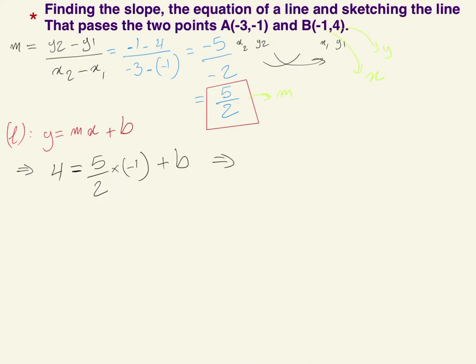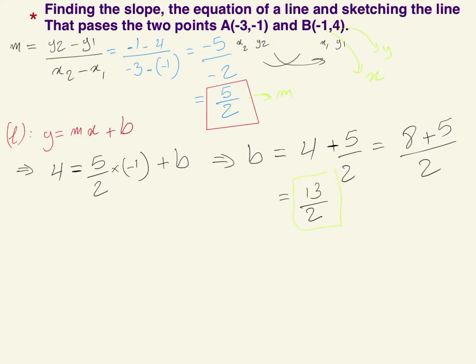So this one is going to give us b is equal to 4 plus, this is minus, when we change it to the other side it will be plus 5 over 2, is equal to 8 plus 5 over 2 is equal to 13 over 2. So now we have b.